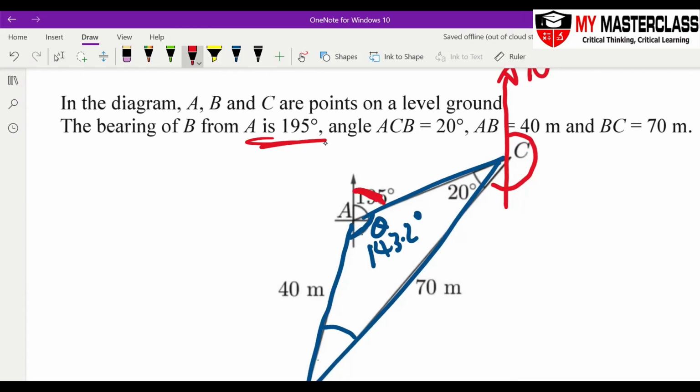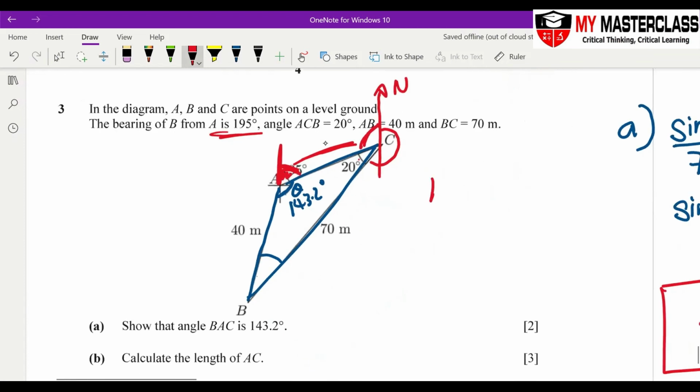Or can I use 180 minus this one, I will get this one, because both north lines are parallel to each other. So this plus this is 180 degrees. Understand? Then use 360 minus this minus 20, I'll get the bearing already. Remember, in bearing, let's say I get 14 degrees, you cannot put in 14 degrees. You must put in 014 degrees. Yes, good.